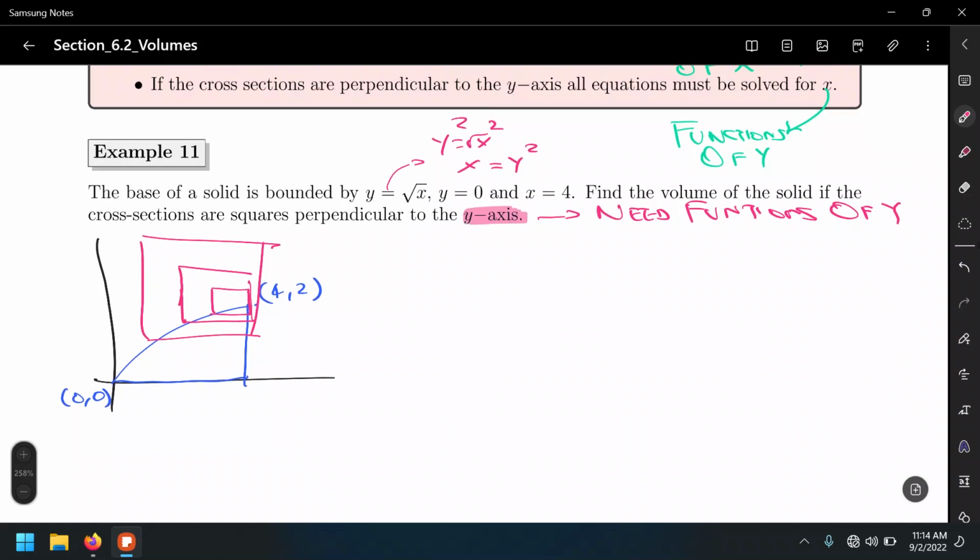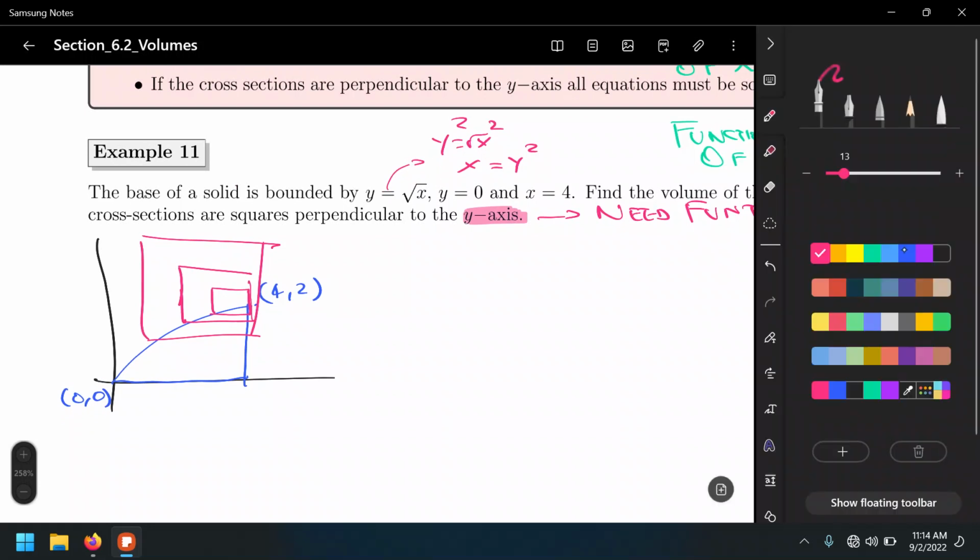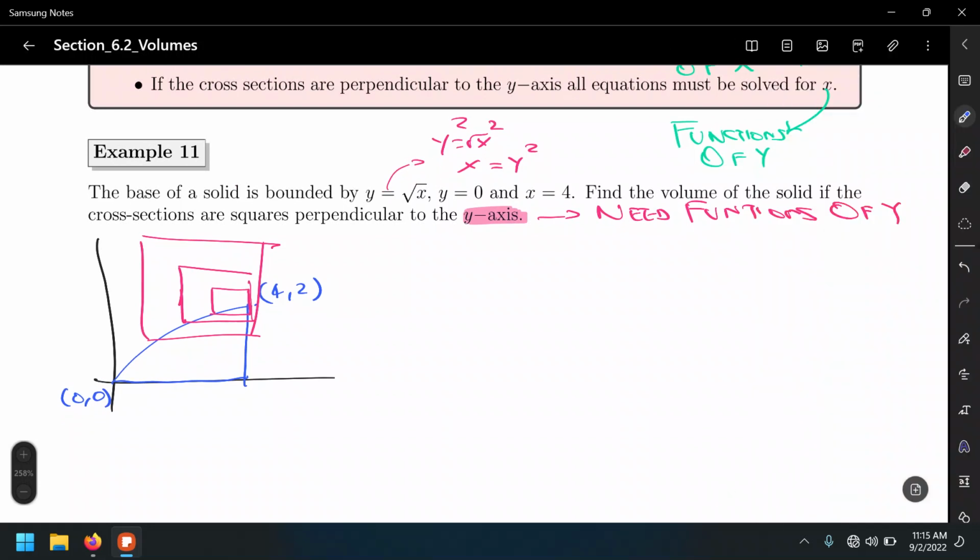Because in this case the cross sections are squares, we will rely on the formula to find the area of a square. The area of the square is the length of the side of the square quantity squared. In the previous problems in which we defined the region using functions of y, we did the top minus bottom function. In this case, because we're defining these functions as functions of y, we're going to do it the other way around. Not top minus bottom, but right minus left.